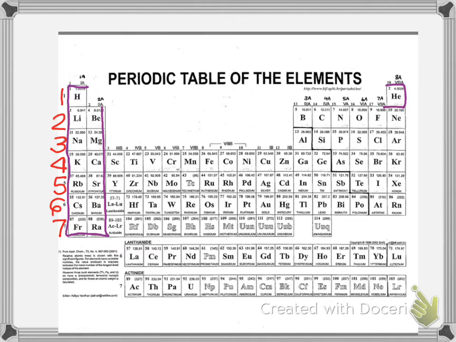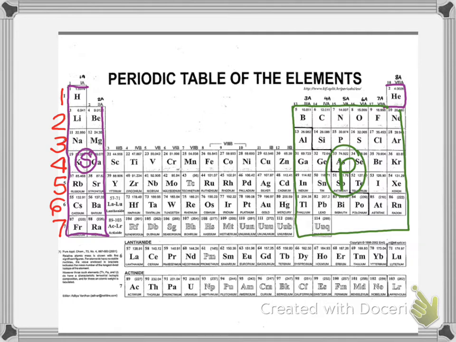So everything in this purple, these are all in the S sublevel. The P sublevel is related to this block over here. So everything inside the green is in a P sublevel.